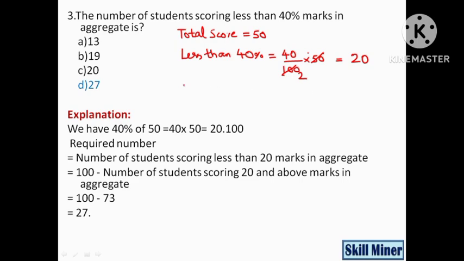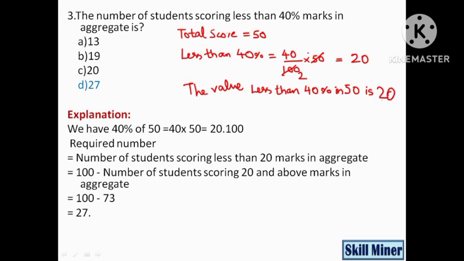So the value of less than 40% in total score, that is 50, is 20.